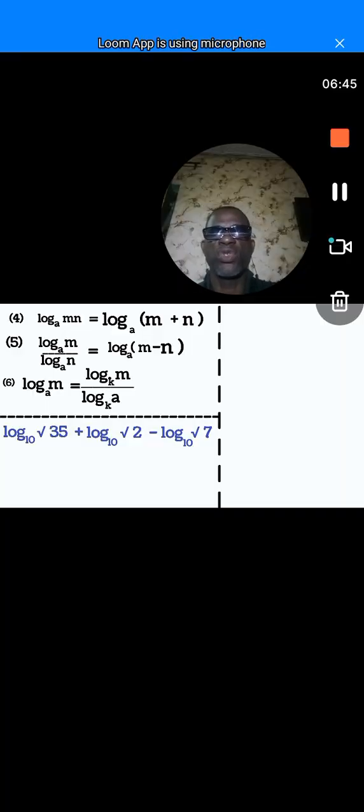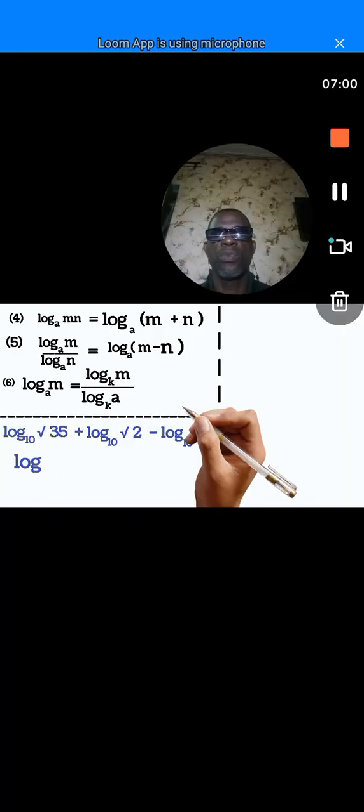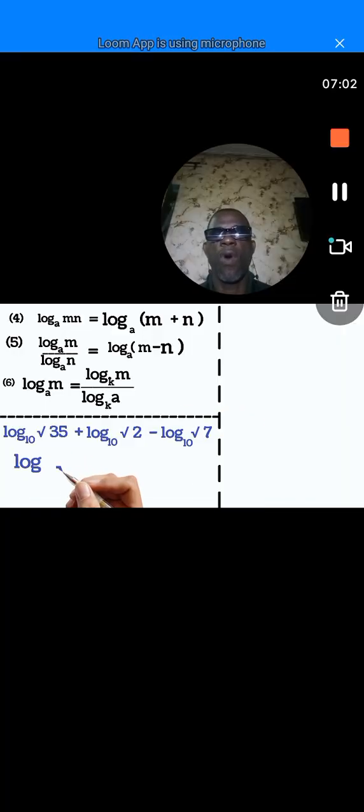So let us go. Automatically it becomes log of root 35 times root 2 all over root 7.